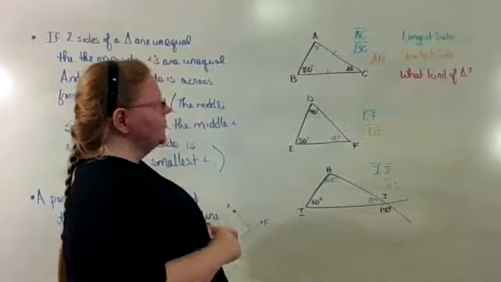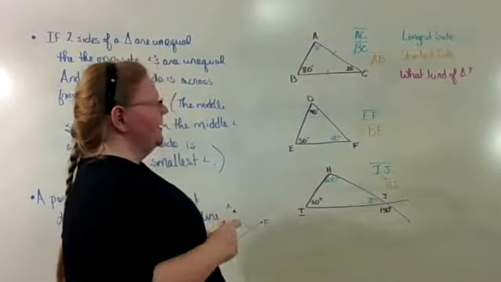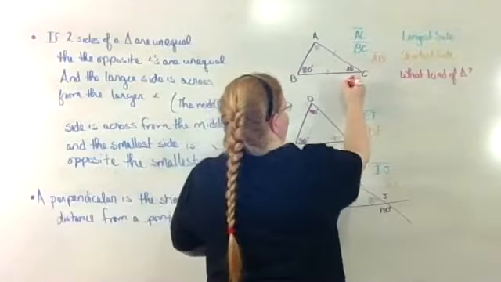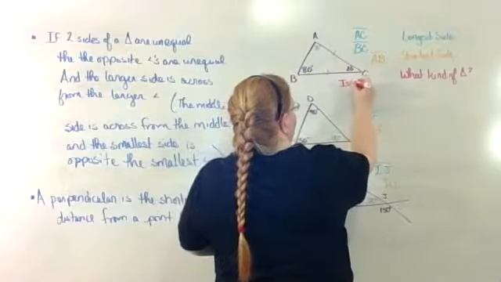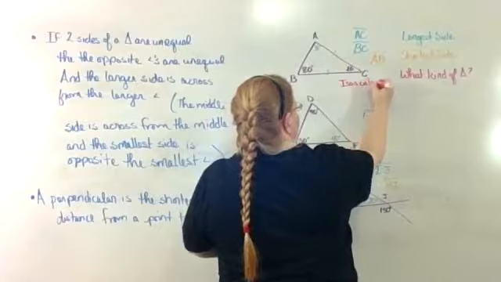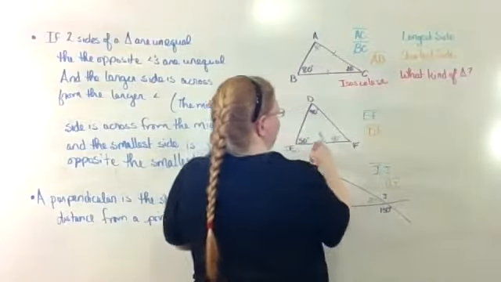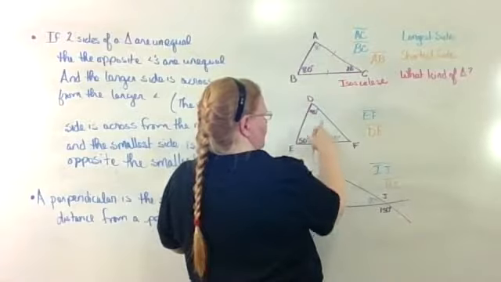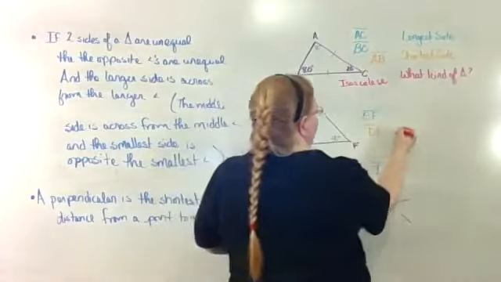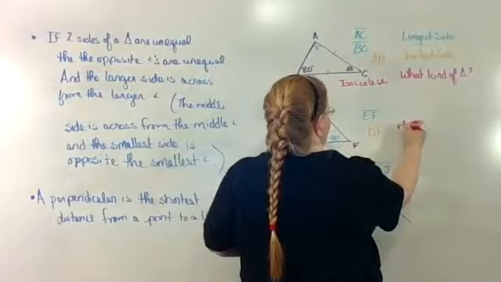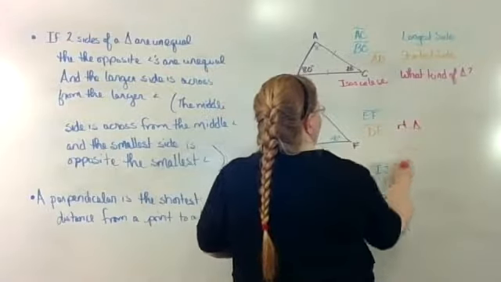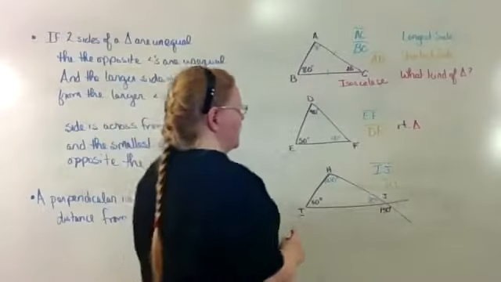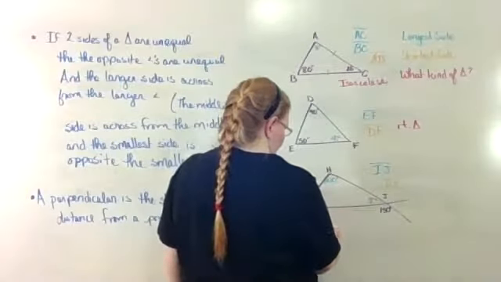And then I wanted to know what kind of triangle it was. Well, I went ahead and told you that this one was isosceles. This one is a right triangle because it has a right angle in it. This one is obtuse and scalene.